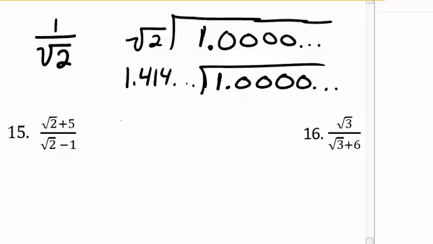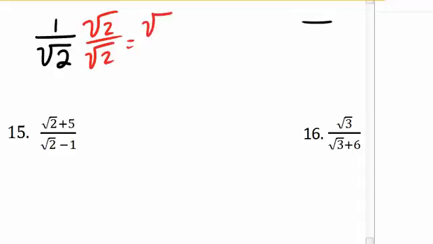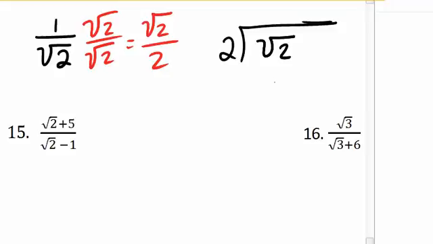The reason why we rationalize, okay, so let's rationalize so we can see what it would look like, is because when we do that, the irrational number now is going to be underneath the division sign. So now I have 2 on the outside, and now I have the square root of 2 underneath there.